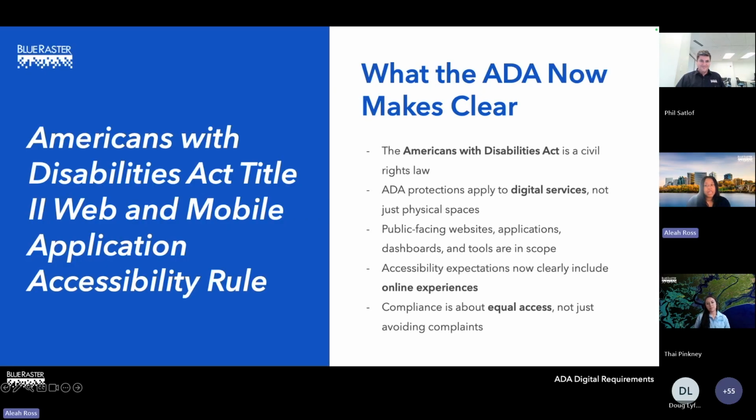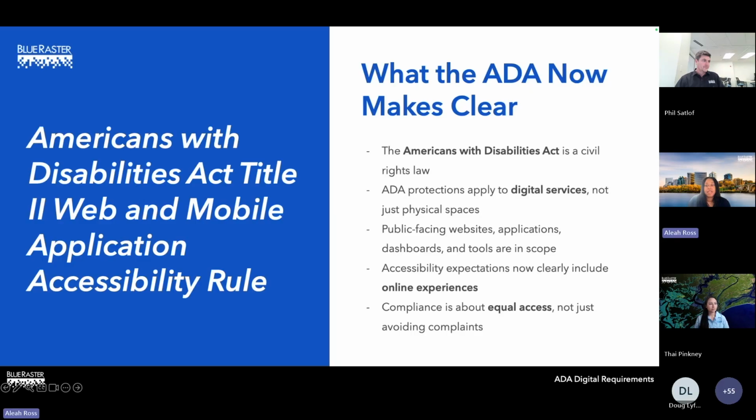There have been recent updates to the Americans with Disabilities Act, and it clarified that digital accessibility requirements extend to online services. So everything like websites, dashboards, and web applications. And in 2024, the Department of Justice finalized updates to Title II, and that states that state and local governments and publicly funded entities need to comply.